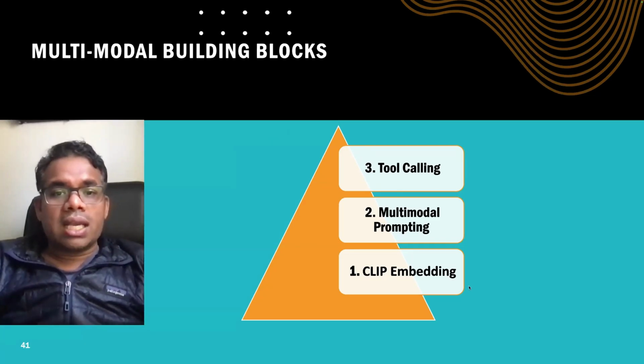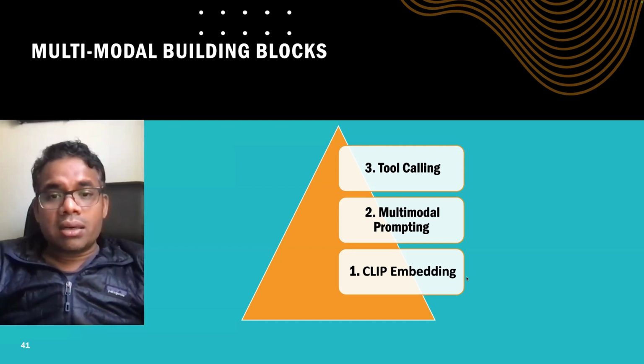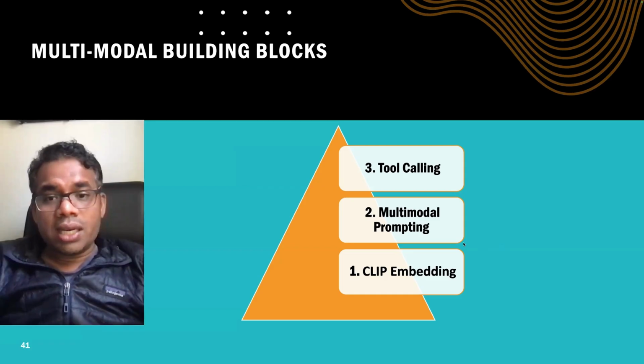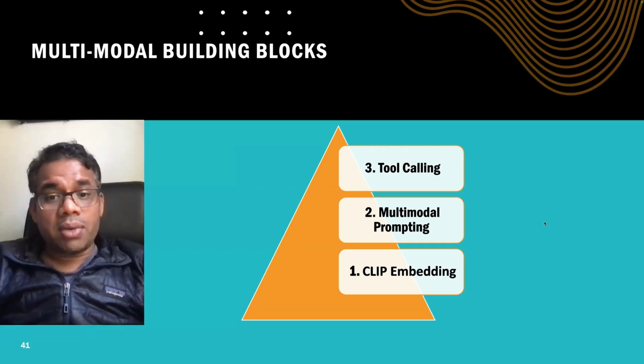Now as we prepare to build a fully fledged multimodal RAG system, there are a few critical techniques to cover, more specifically to handle the intricacies of images, text, and structured data seamlessly. We need to explore three essential building blocks of a multimodal RAG system, right? As I said, the first one is CLIP embedding, right?